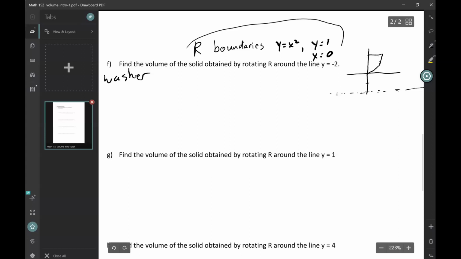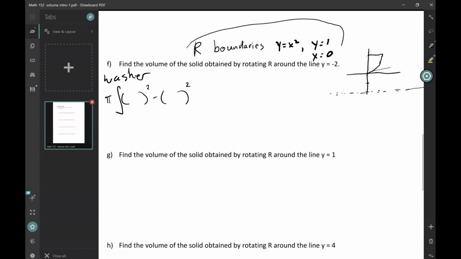Remember, we immediately know that since it's a washer, we're going to go pi times big R squared minus little r squared, and then we need to come up with either the dy or dx. And again, how do we know that? We look at this and we picture one washer, a bunch of washers piled up, and you could tell that they're being piled up this way horizontally.